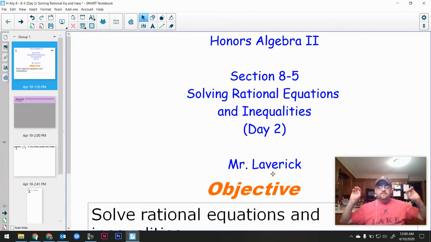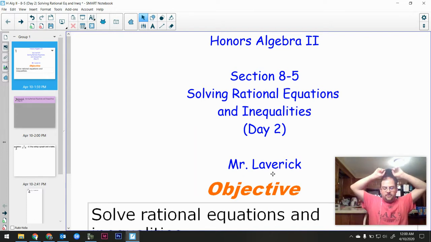So this is section 8.5, day 2. This is the inequalities portion of the lesson. I'm going to introduce this by putting it in your calculator, and then we're going to transfer how we did it in our calculator into doing it algebraically.